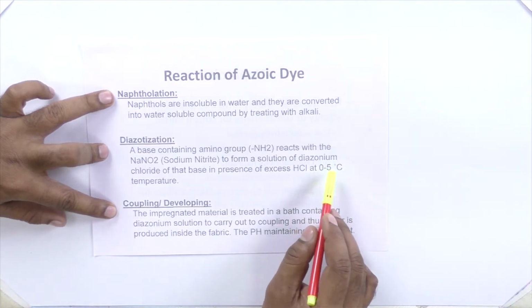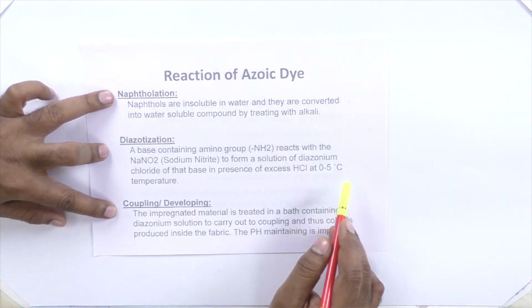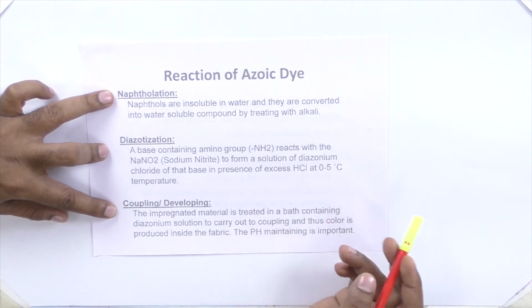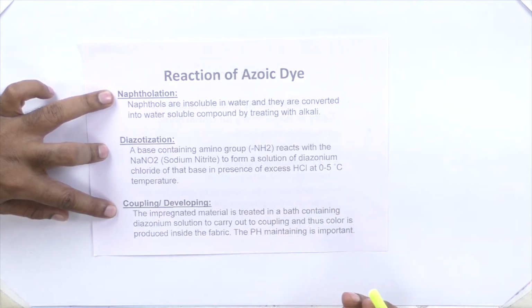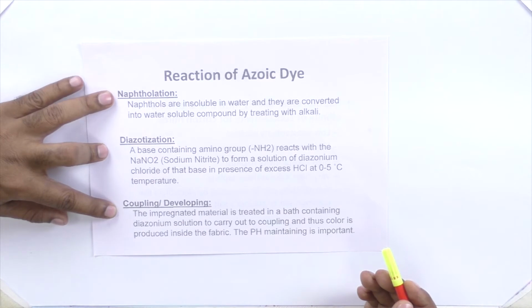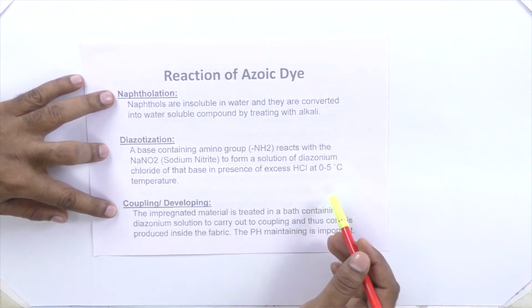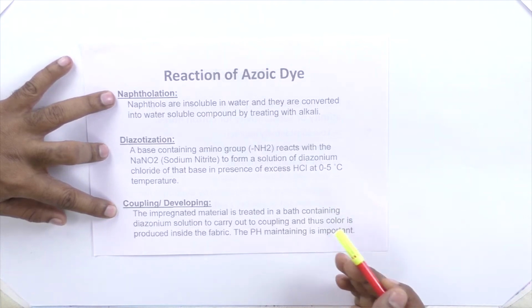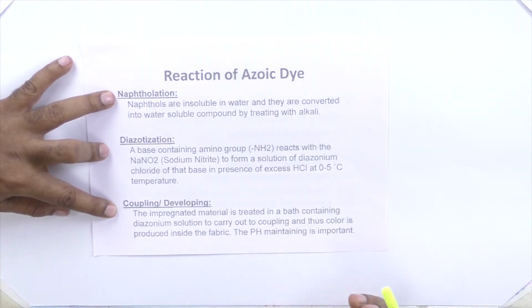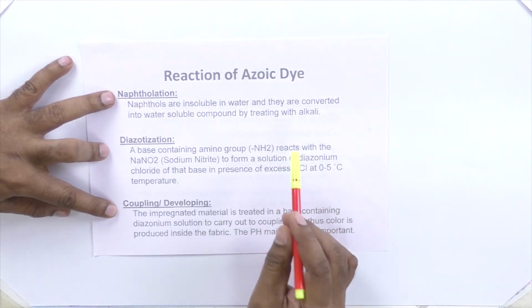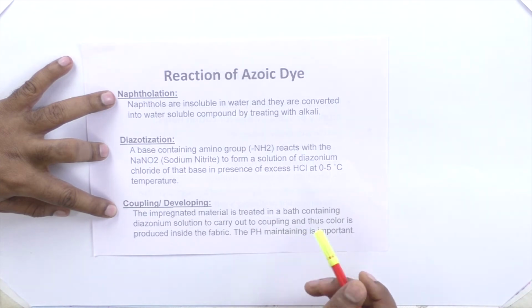The temperature should be less than 20 degrees Celsius. Normally 18 degrees Celsius is maintained, and in India it is very difficult to maintain 18 degrees Celsius. We have to use ice or something similar to reduce the temperature to some extent. Because of using ice, azoic dyes are also called ice dyes or naphthol dyes.